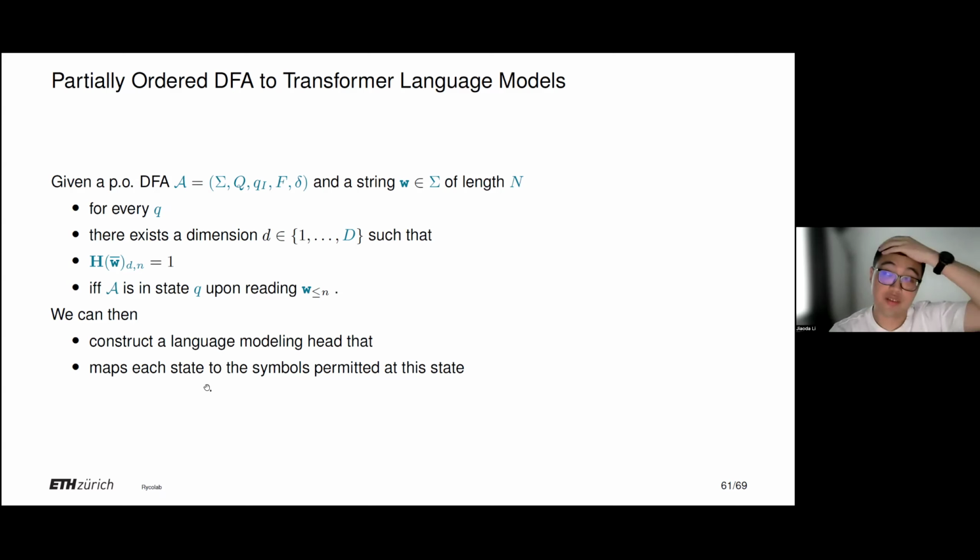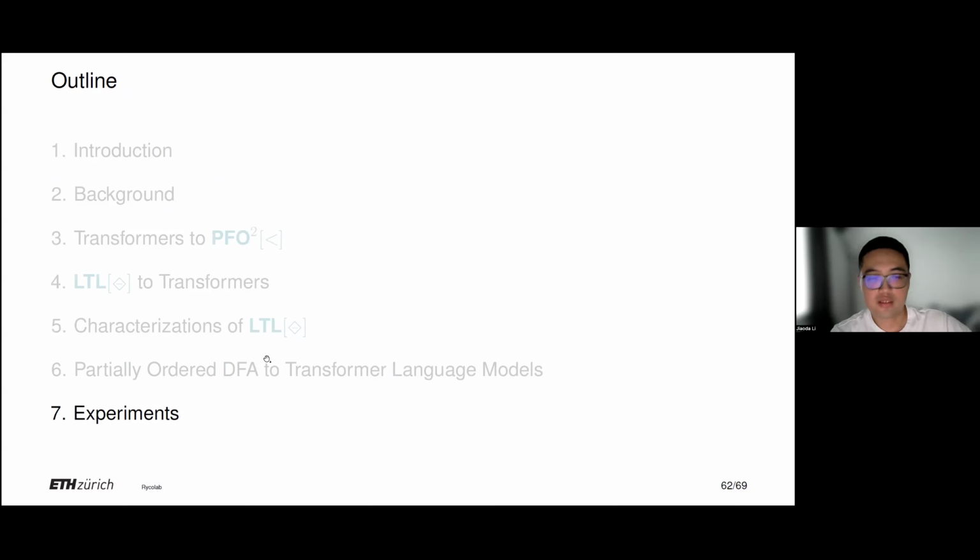This still has some sense of Boolean because we cannot represent the exact weights, so the DFA is still unweighted, but we can easily extend it to a weighted DFA as long as the weights form a valid semiring. So that's all for the theoretical part.